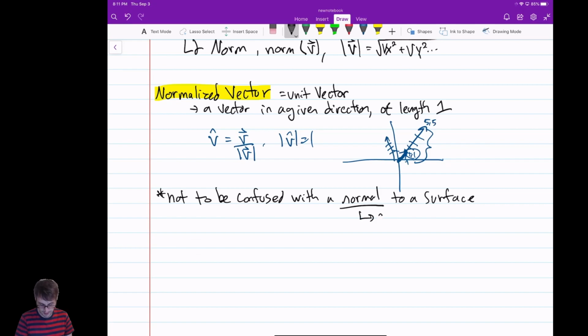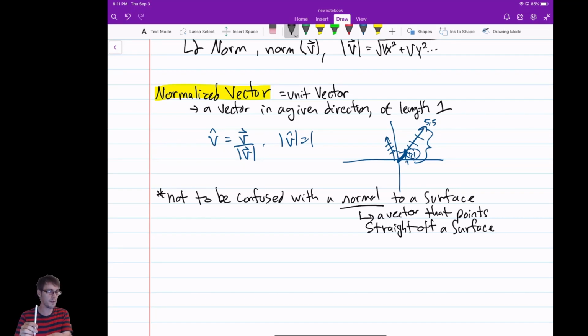It's a vector that points straight off of a surface. Let's fix that, I said circus, I meant surface. So if I have a surface like this, here's my surface, and the normal points straight out. We'll learn more about those a little later.